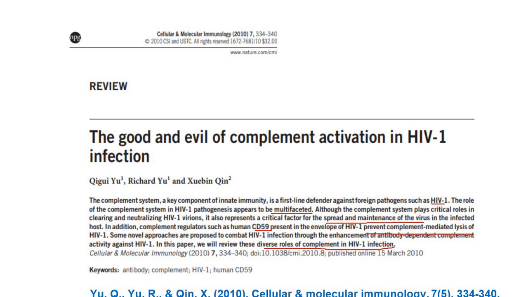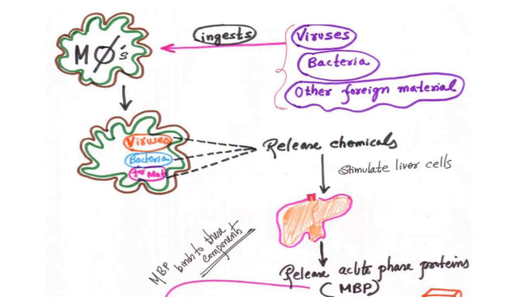So, what exactly takes place? Very simplified diagram, not like those complicated papers. Viruses, bacteria and other foreign materials are ingested by macrophages. You can see the macrophages ingested the virus, bacteria and foreign materials. After ingestion, the macrophage will release chemicals. Those chemicals will stimulate the liver.